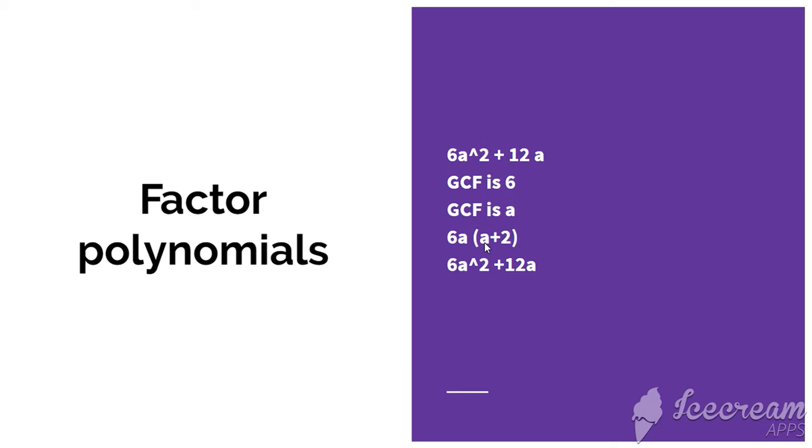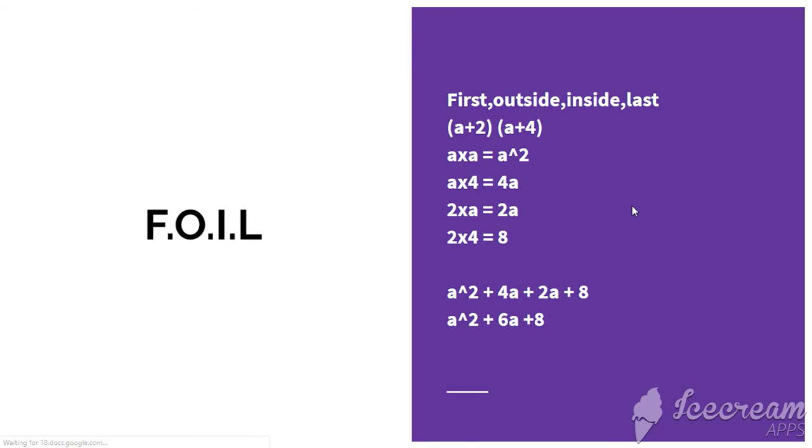And you know this is right because if you do 6a times a and then 6a times 2, you'll get 6a² plus 12a, which is the same thing we have up here.